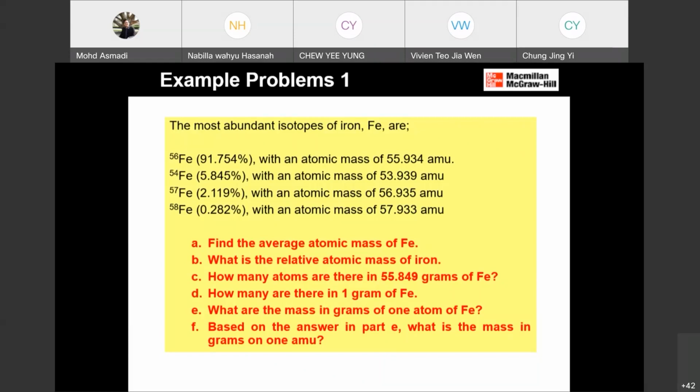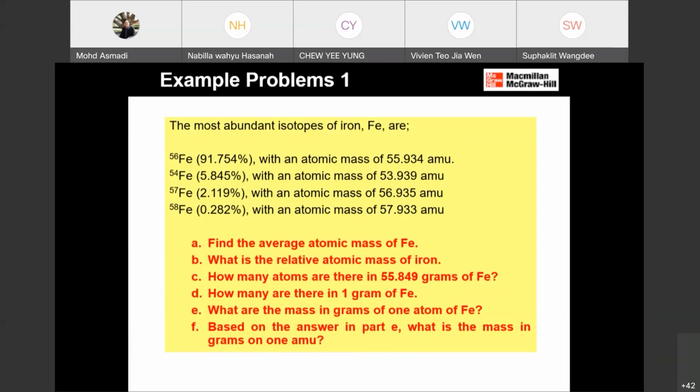Okay, A, B, C, and D, E, F. Page 3, right? Yes, page 3.